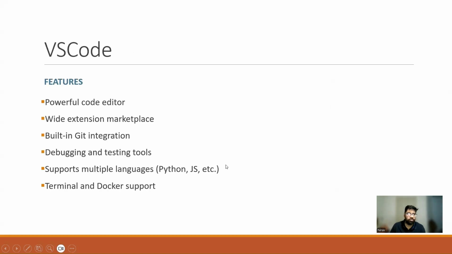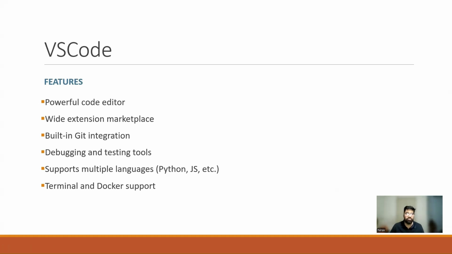And some of the features include, it is a very powerful code editor. It has a lot of extensions, built-in Git integration. It also has debugging and testing tools included with it, and supports multiple languages like Python, JavaScript, C#.